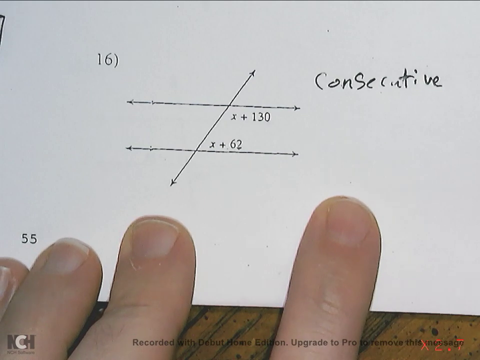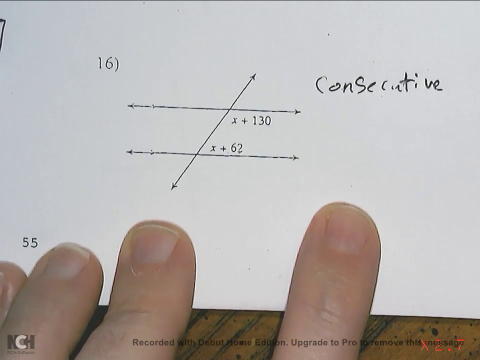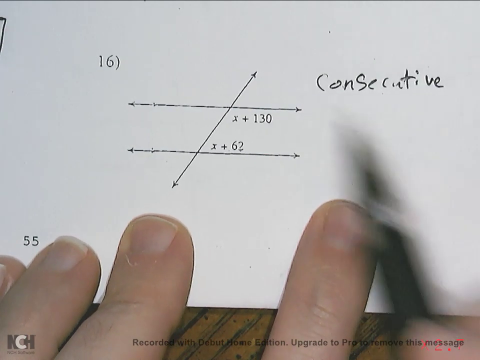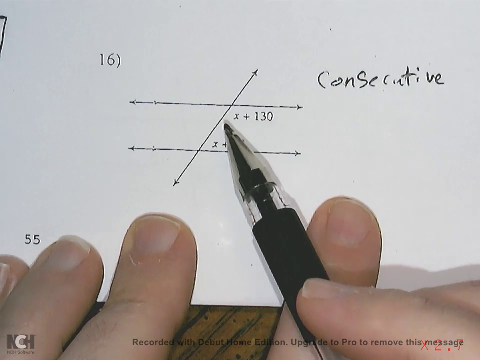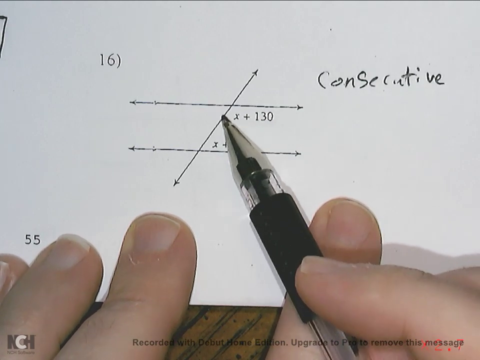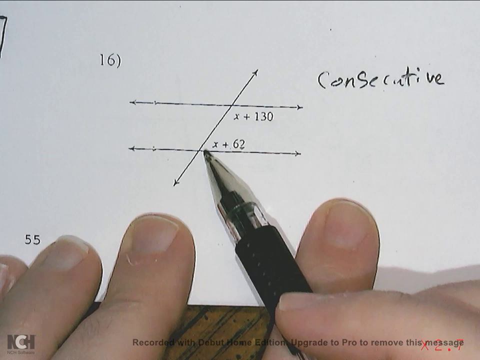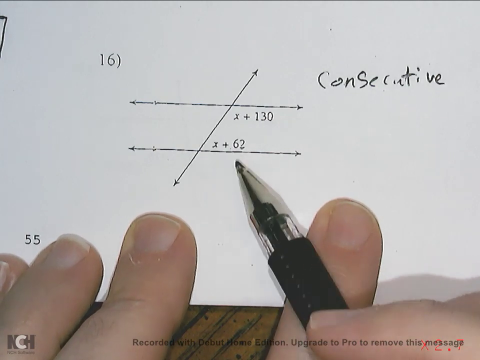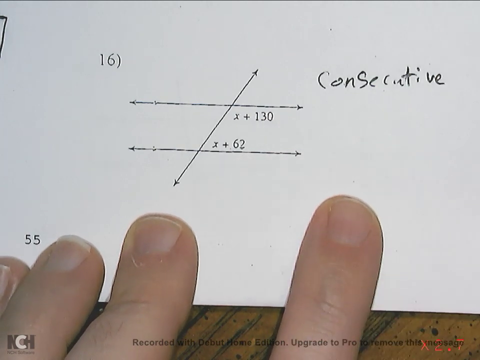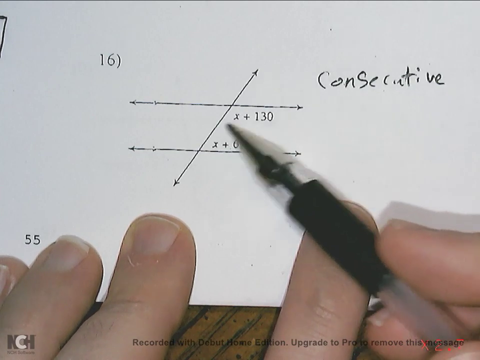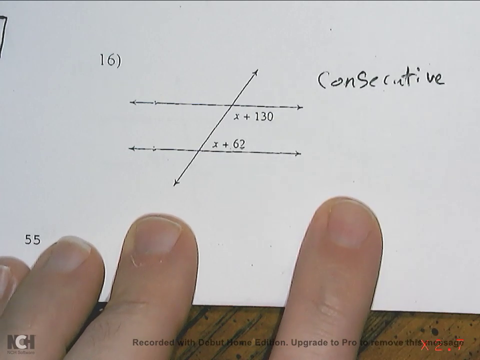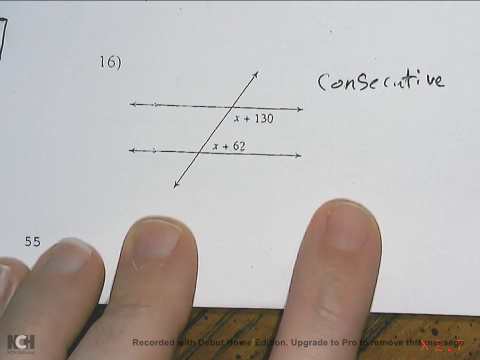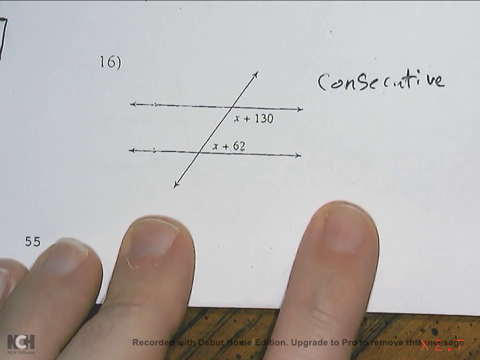The other 4 are all equal to each other. And usually it's pretty obvious because if they add up to 180, that means one is going to be obtuse and one's going to be acute. They're very different angles. They're not going to be equal to each other if one's obtuse and one's acute, right? So that means they're going to add up to 180.